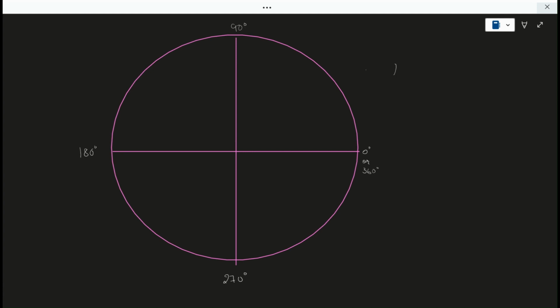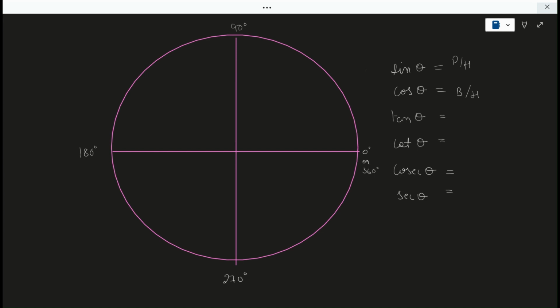We have studied sine theta, cos theta, tan theta, cot theta, cosecant theta, secant theta as the ratios of sides of a right angle triangle. Sine was perpendicular upon hypotenuse.